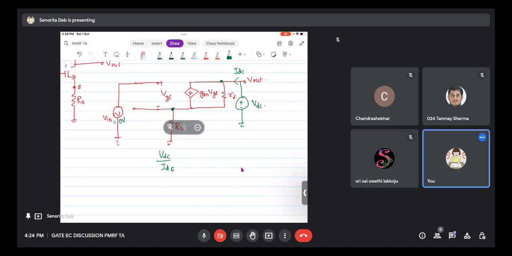No one? So it's a simple KCL equation, right? Any equation that you have written?